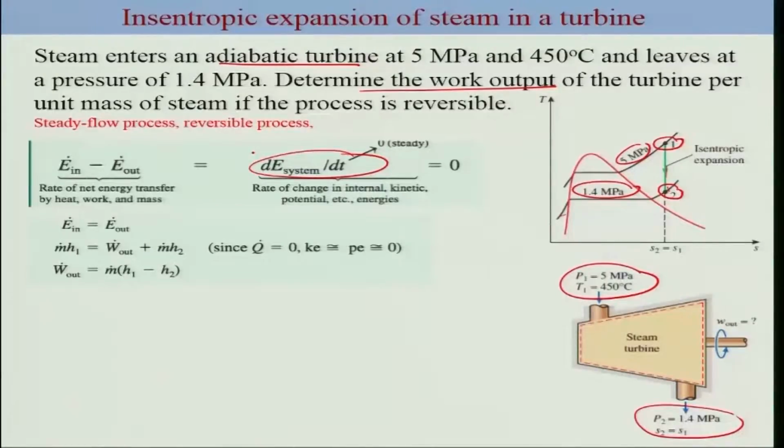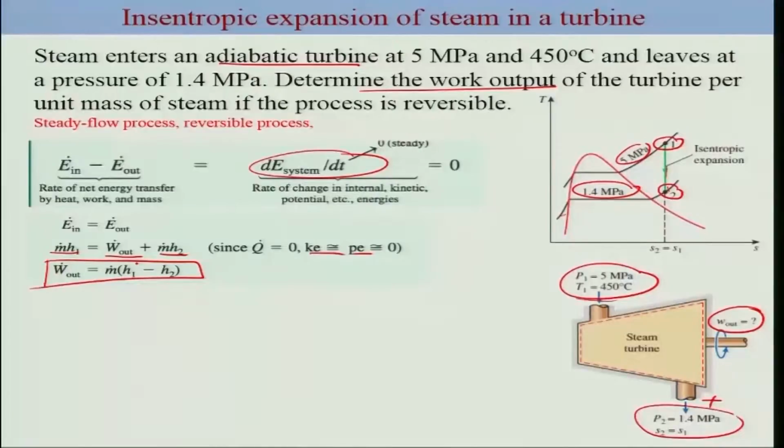So you can write E in, which is nothing but the contribution due to mass flow: m h1, considering the changes in KE and PE are 0. E out is your W out plus the contribution due to mass flow out of the control volume, so W out plus m h2. So you can write W out as simply the mass rate multiplied by the change in the enthalpy.